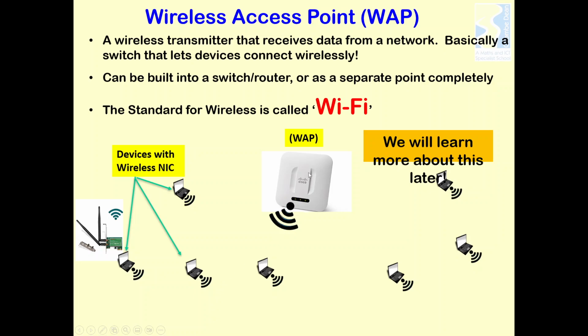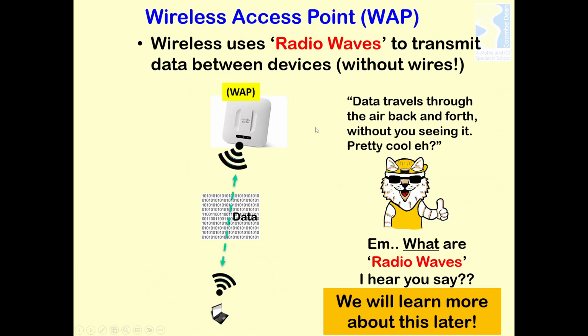Wireless access point, Wi-Fi, transmits data using radio waves. Data is sent through the air as radio waves. Different frequencies, it can either use 2.4 gigahertz or 5 gigahertz. We will look at that later on.